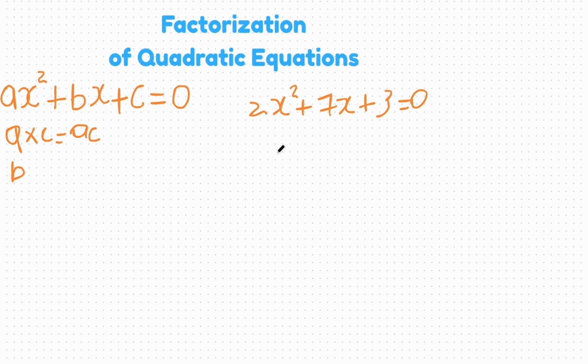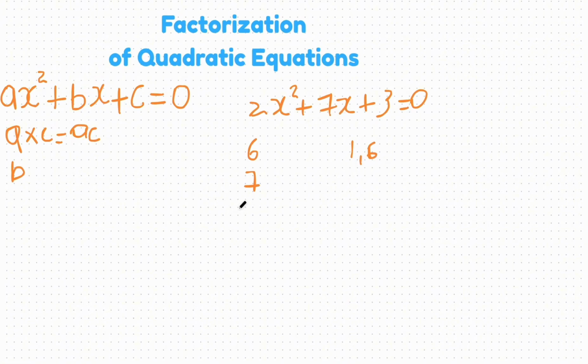So first thing we need to do, we need to multiply our a times c. A in this case would be 2, so 2 times 3, we are given 6. We write back our b, which would be 7. We need two numbers that when we multiply the numbers we get 6, but when we add these numbers we get what? 7. And those numbers would be 1 and 6. Now that we have the numbers, we can rewrite our 7x using the 1 and 6.